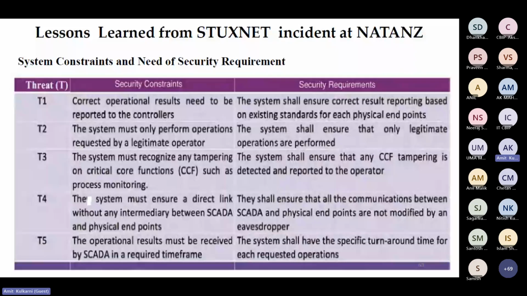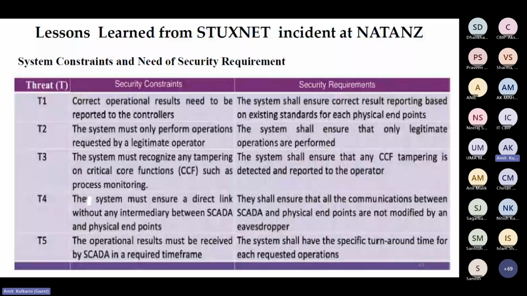So it gave the impression that it is reporting correctly, but whether it is really happening or not needs to be ensured, and physical endpoints should be checked. That is the first system security requirement which we need to look into.